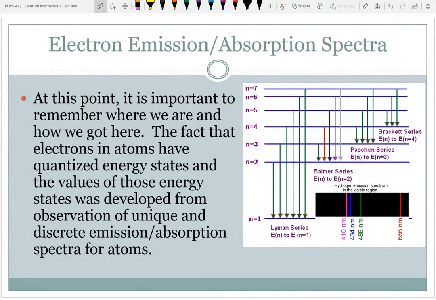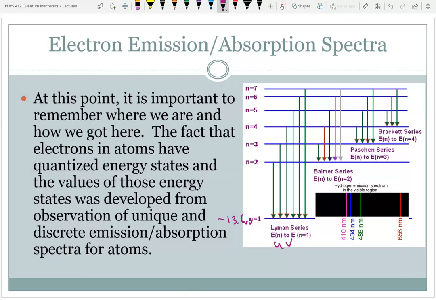So here is a picture showing the emission spectrum from a hydrogen atom. You have the Lyman series of emission lines, which are not shown in my picture here, but are ultraviolet emission. The Lyman series is caused by electrons falling from n higher than 1 down to n equals 1. Remember, n equals 1 was minus 13.6 electron volts.